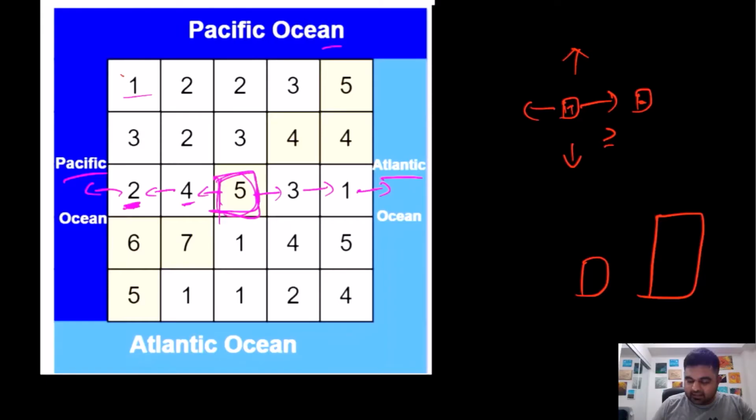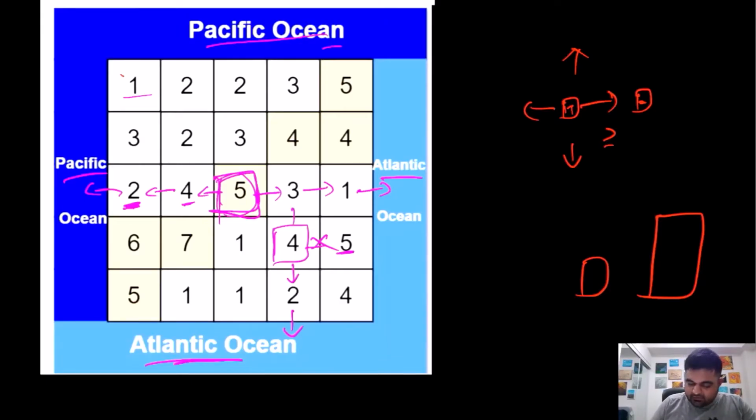Let's take another example, the cell with value 4. From this cell we cannot go to 5, but we can go to 2, and from 2 we can go to the Atlantic. So that concludes one option. Now let's see whether we can go to the Pacific Ocean.